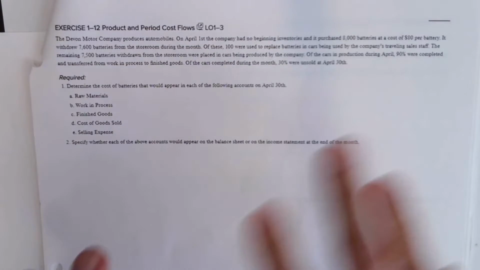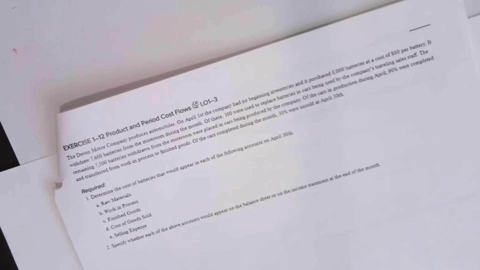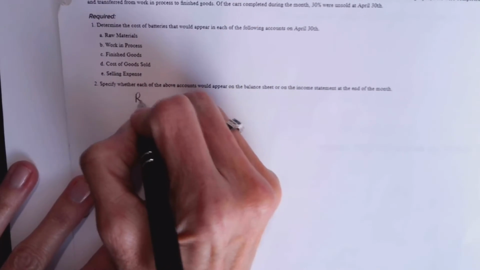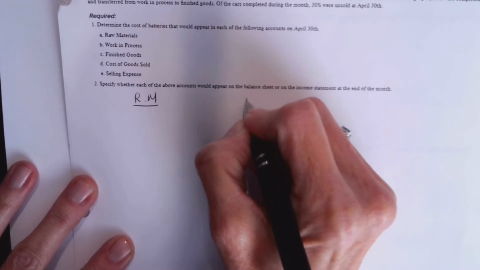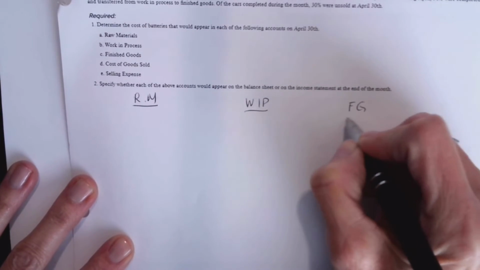Okay, so if you remember, this is the problem where we had the 3 different inventory accounts. Do you remember what those are? Good. So we've got raw materials, work in process, finished goods.